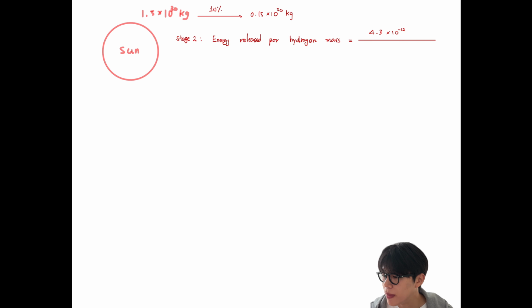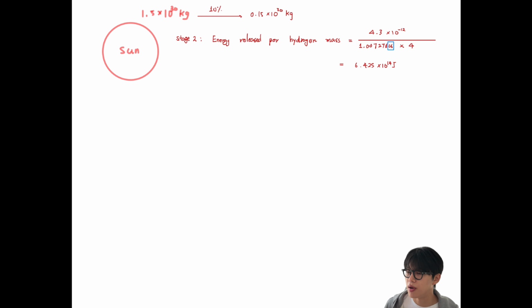So 1 hydrogen mass was given in the previous questions, which is this, but 4 protons are used in total, so I'll say 4. If you calculate that, obviously in this section you have to convert U into kilograms. So you have 6.425 times 10 to the 14 joules, okay? So that's the energy released per hydrogen mass.